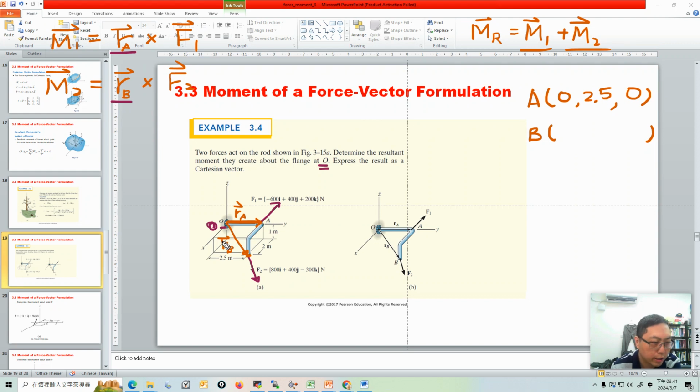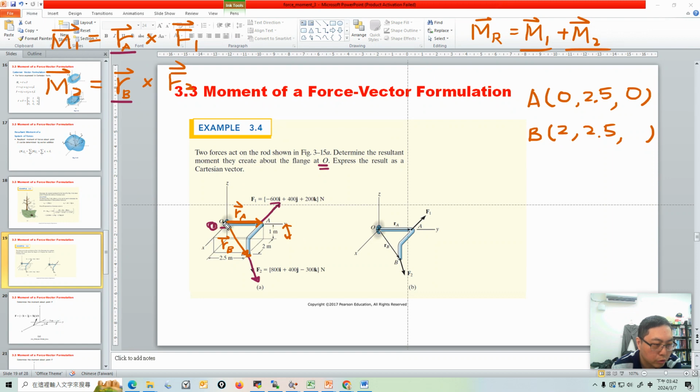Next is B. What's the coordinate of B? X is 2. Y is here, so be careful. Y is 2.5, the same. And what about Z? Z is here, it's 1, but be careful: it's below 0.